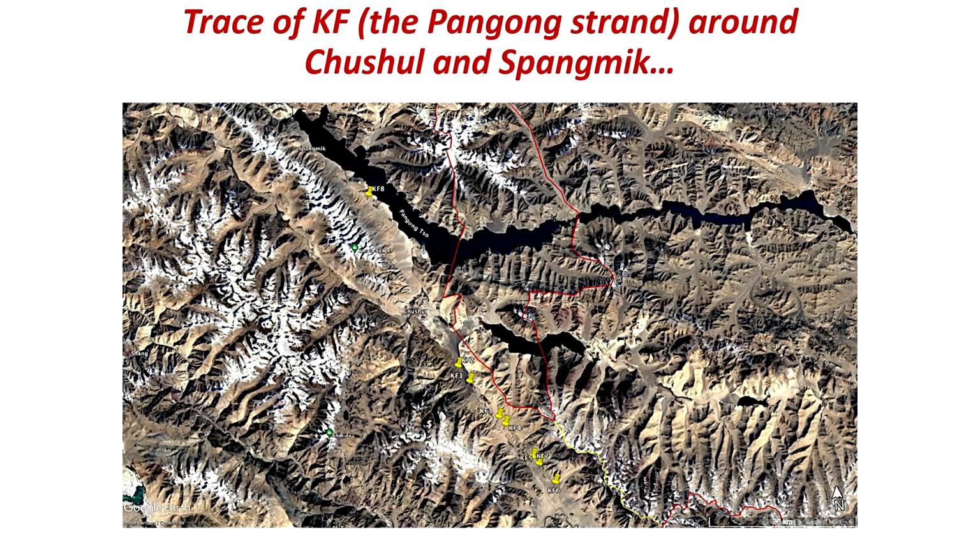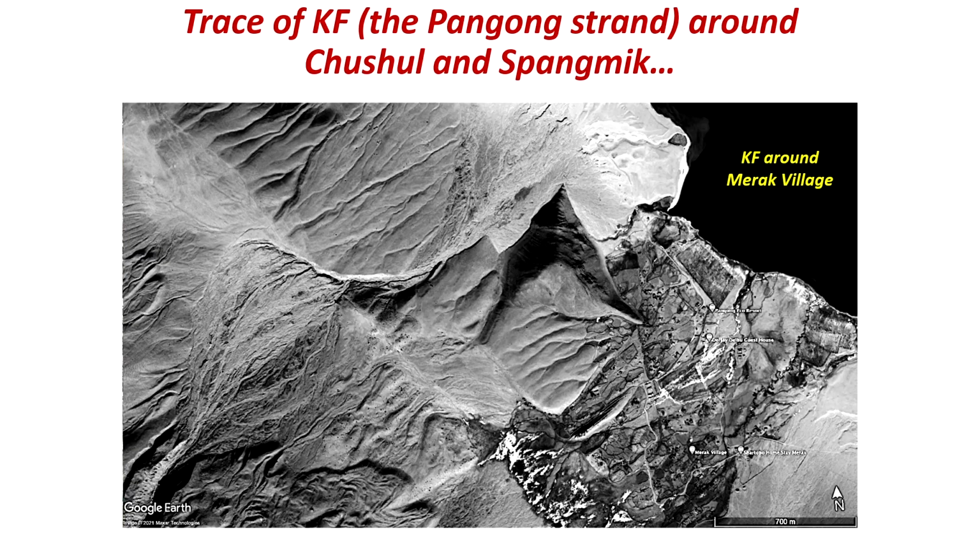Now, another example, but of course, we will discuss in detail when we are talking about the strike slip. This is a Google image of your Karakoram fault between Chusul and Smagmik, where we see a clear cut indication of geomorphic indicators of the faulting, which is right lateral displacement.